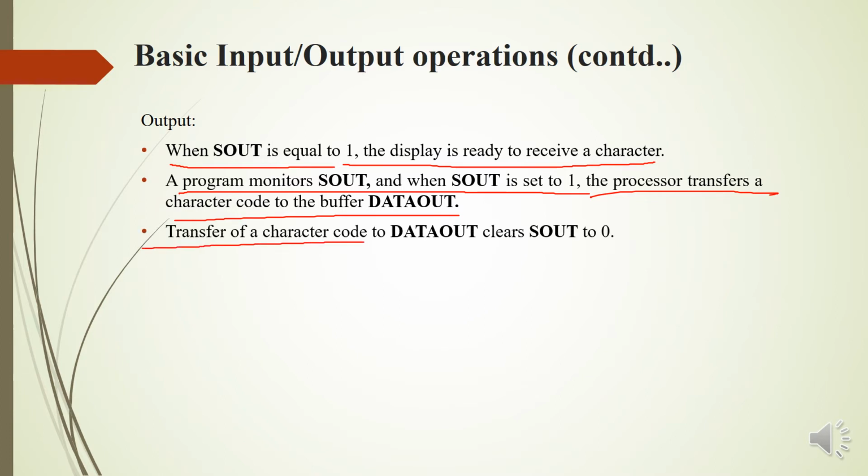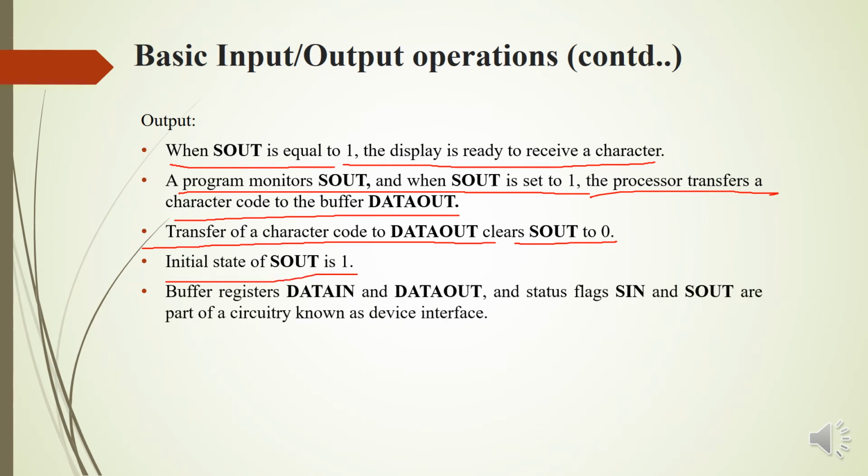Transfer of character code to data out clears S out flag bit to 0. Initial state of S out is considered as 1. Buffer register data in and data out, and the status flags S in and S out are part of the circuitry known as device interface.